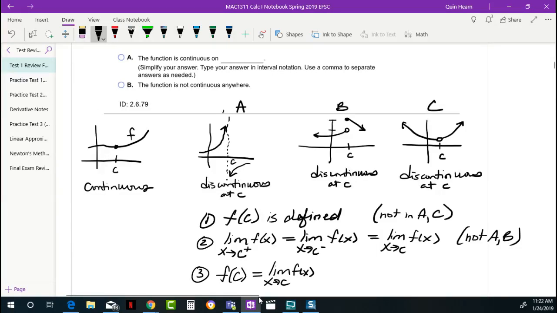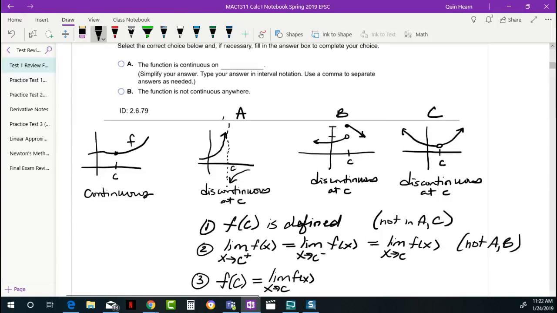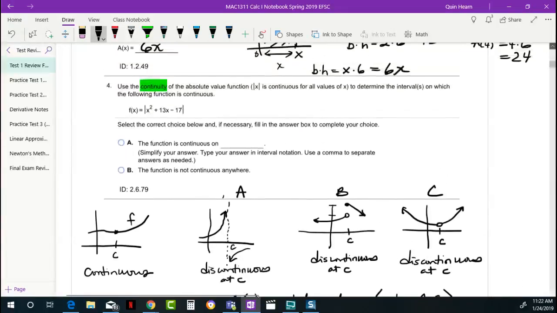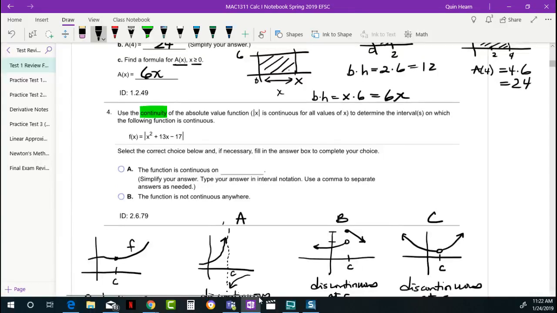So what we'd like is to have whole categories of functions whose behavior we understand, so we can know with confidence where they're continuous. That's what they're talking about in question 4. They're telling you that the absolute value function is continuous for all values of x. And then they're asking you about this one here.